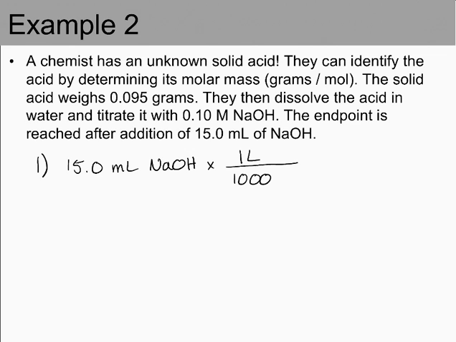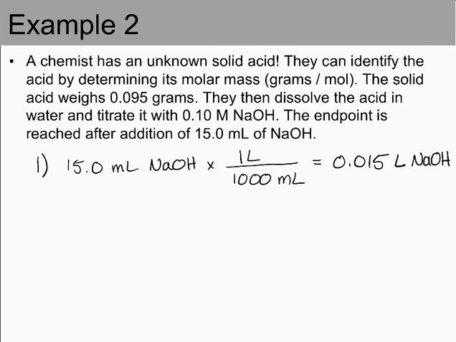All right, so we'll do this conversion. 15 divided by 1,000 will give us 0.015 liters of the NaOH solution.